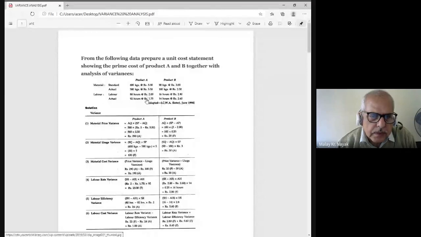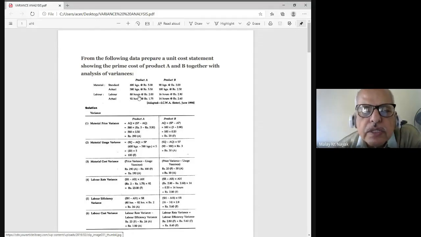Do you see this sum? You have done it for material, now you do it for labor. Say for product A. You do only product A. This is standard labor and this is actual. Then what is labor cost variance?